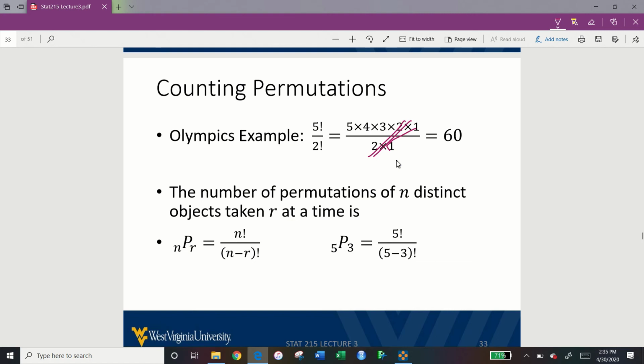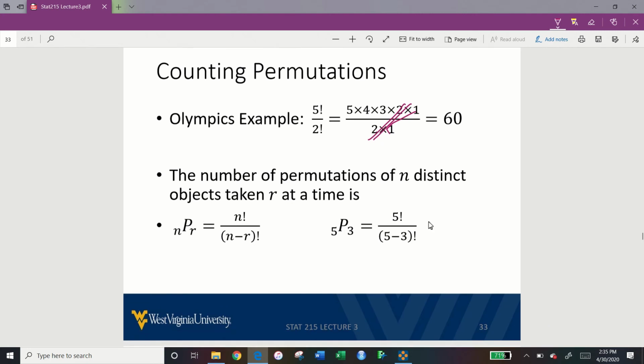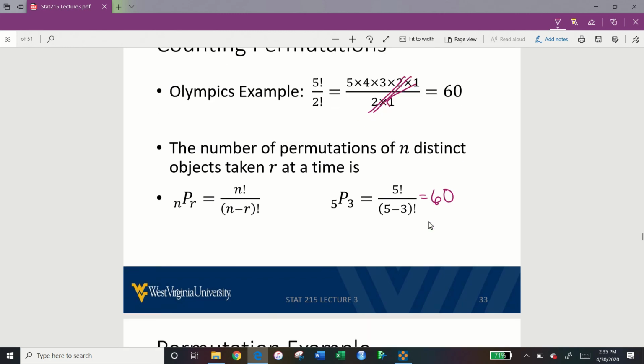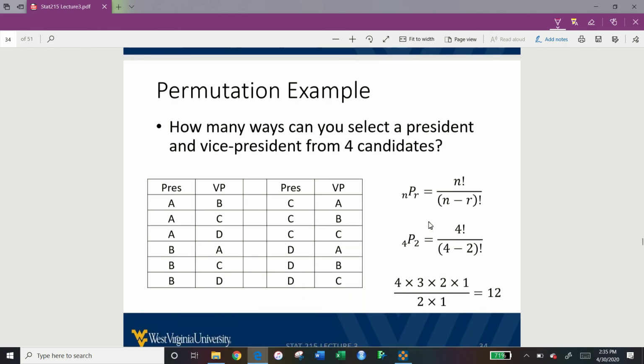Using this in our Olympic example, that's 5 permute 3, which equals 5 factorial over the quantity 5 minus 3 factorial, which again equals 60 ways. Let's expand this example.